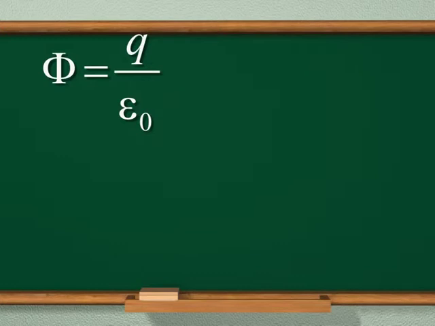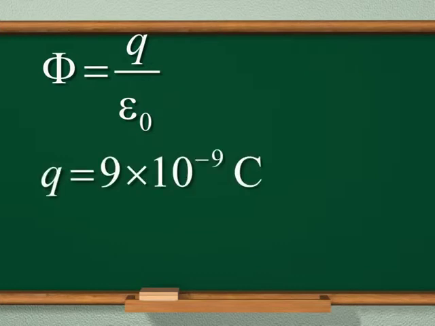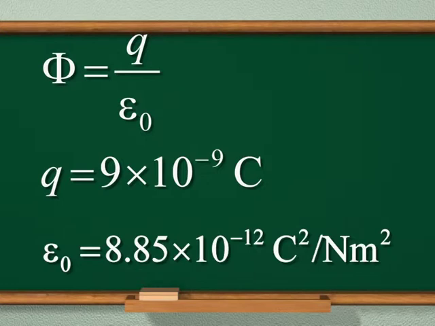Here we have Q is equal to 9 into 10 raised to the power minus 9 coulomb and epsilon naught is equal to 8.85 into 10 raised to the power minus 12 coulomb square per Newton meter square.